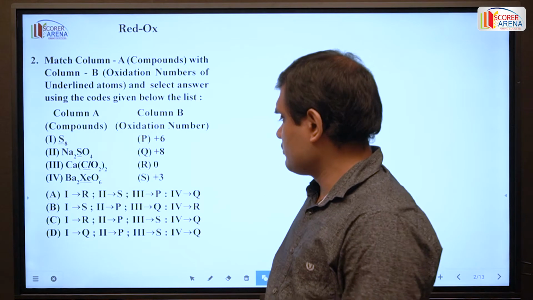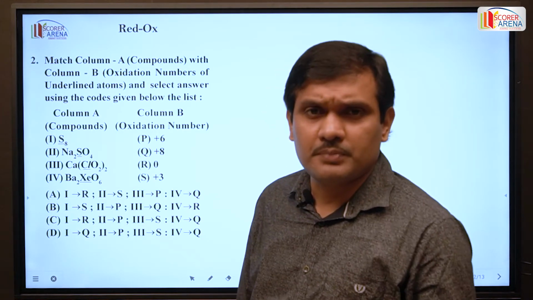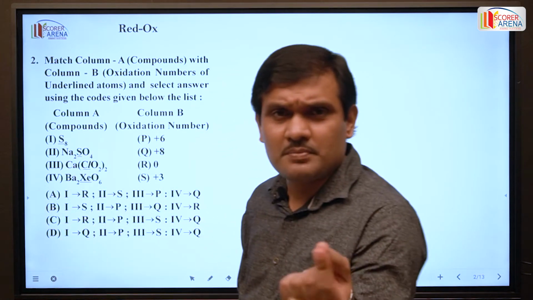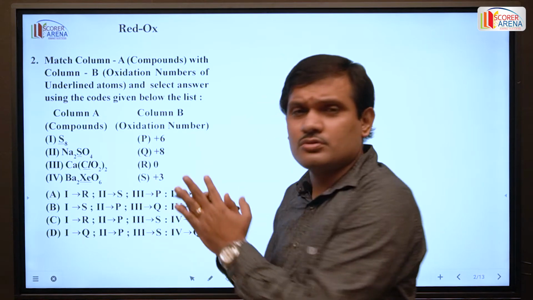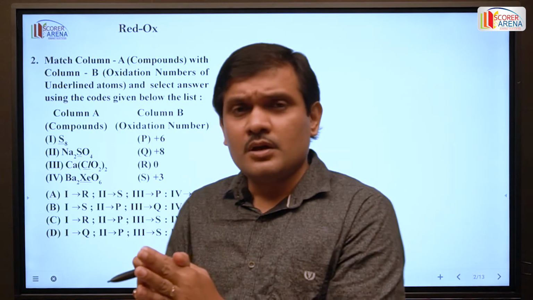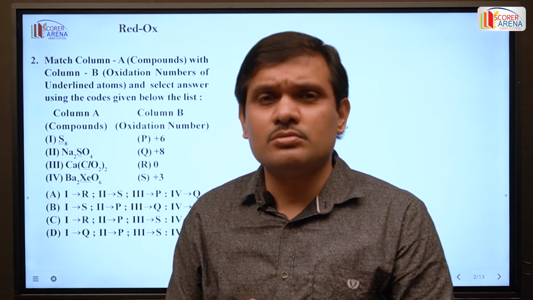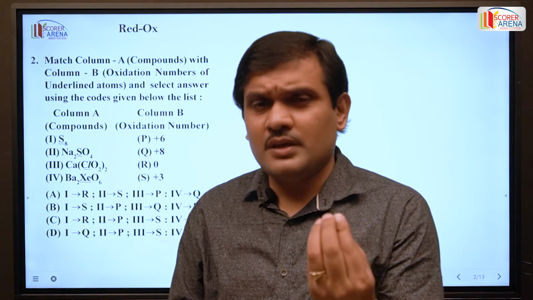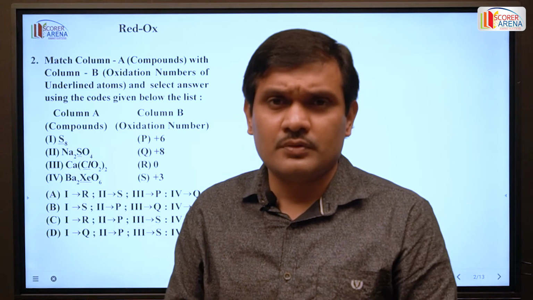In this question, it is related to the calculation of oxidation number, simple. In the left column, you have some compounds with some element underlined, and in the right column, the oxidation number is provided. So in calculating oxidation number, the major concept to use: for any element in free state, the oxidation number is taken as 0.